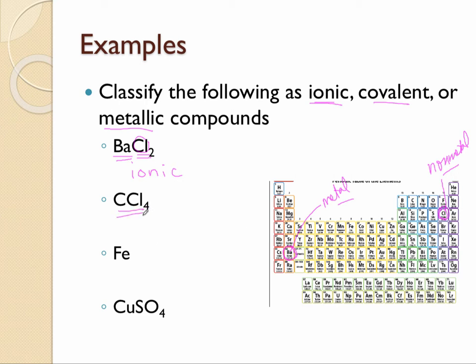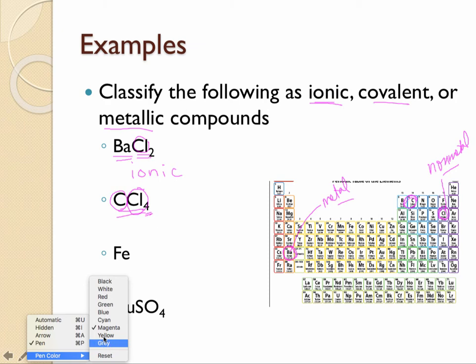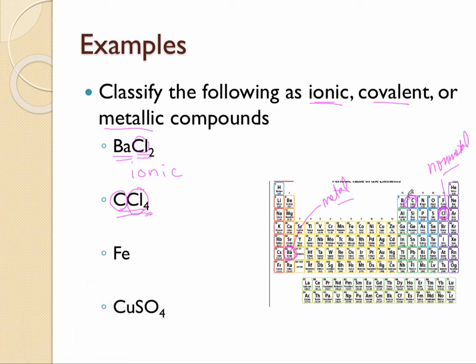Looking at the next one. Again, I hope that you can identify that these are two elements. I do have more than one chlorine atom, but they are just two elements bonded together. Carbon is here, and then chlorine again is here.